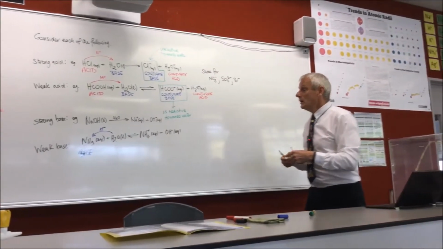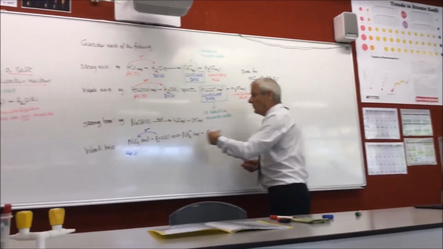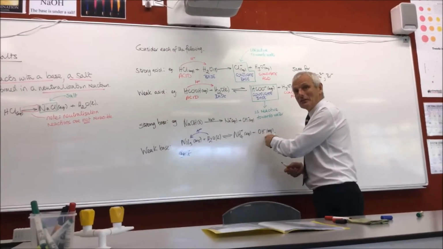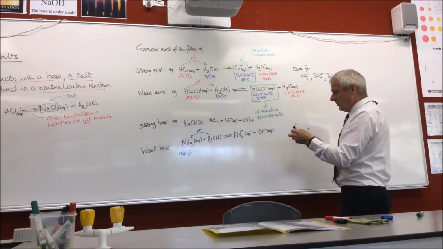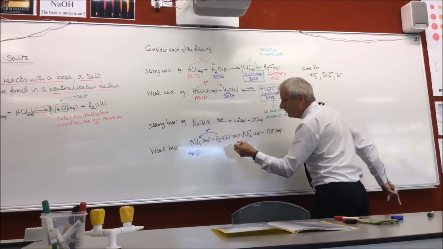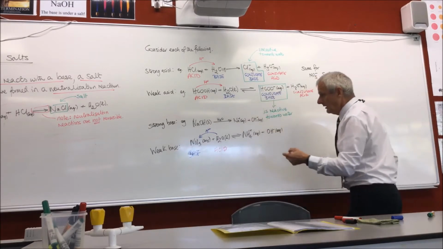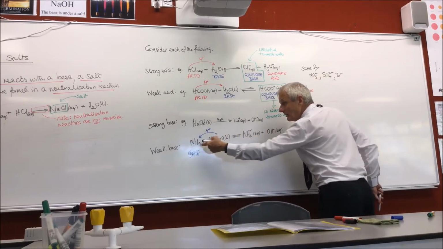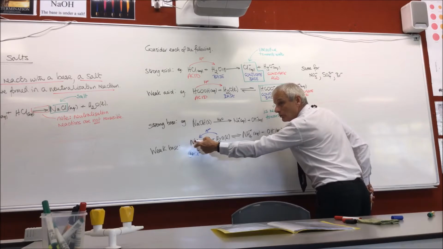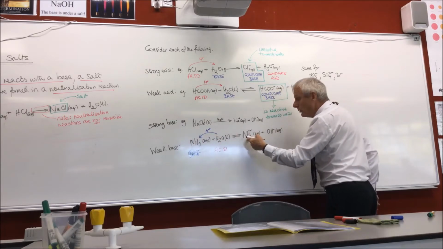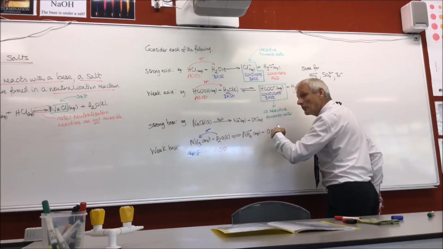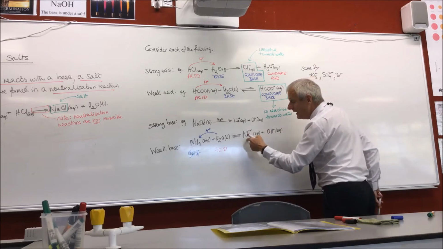Here, you're doing an actual reaction where you're generating this. And so we can use the transfer of protons as we did before. This is the acid. This is ammonia, the base, with the proton on it. But when it reacts with OH minus, it's donating the proton back, so this is actually acting as an acid.